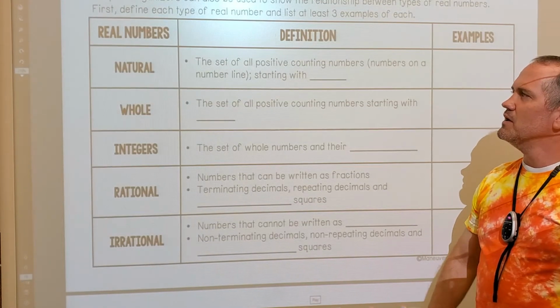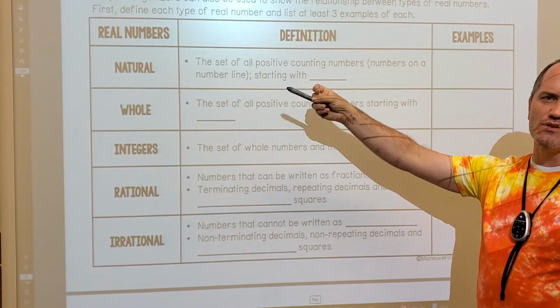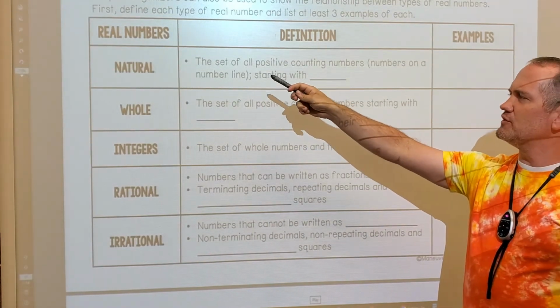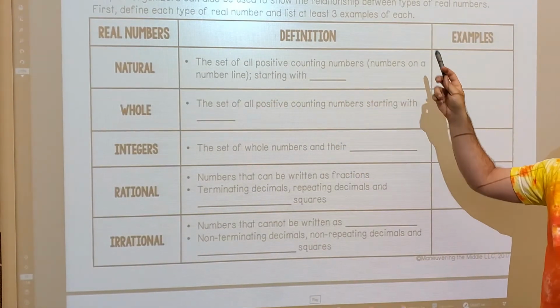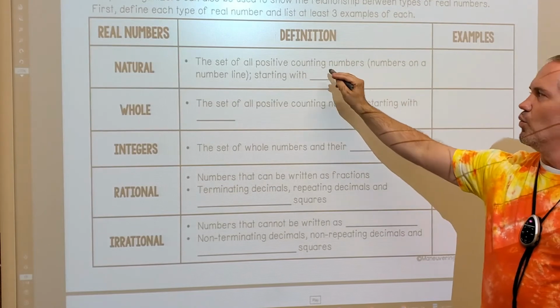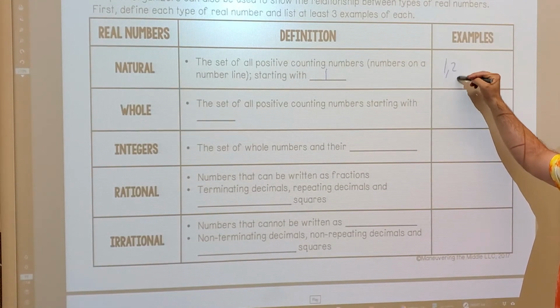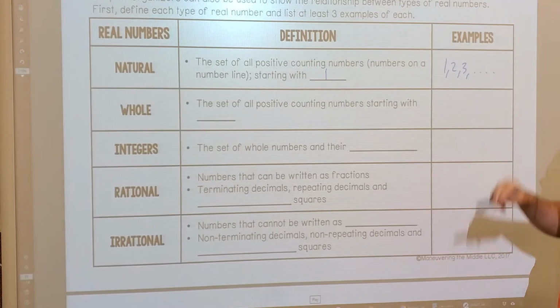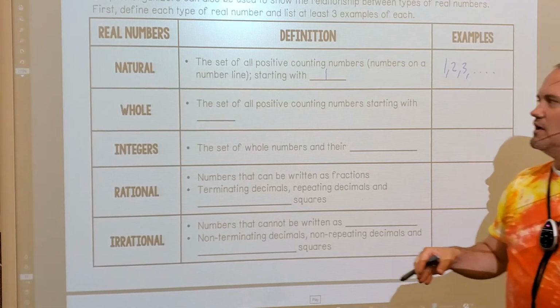It's different. Okay, so natural numbers. We don't talk about natural numbers a lot, because natural numbers is a set of all positive counting numbers. So numbers on the number line starting with 1. Okay? So it is 1, 2, 3, etc., 4, 5, 6, 7, 8, up to forever.